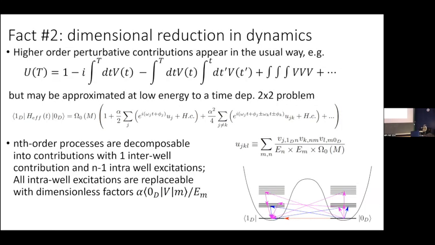The other thing is another fact that's very important to keep in mind. Again, I'm just summarizing the ingredients. If you expand the unitary in time-dependent perturbation theory and you project it onto just the doublet, what you find is that all of these terms involve lots of local excitations.